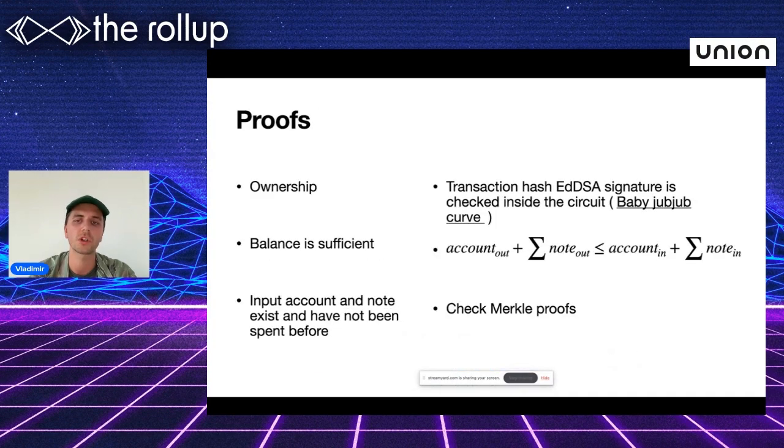If we spend or transfer some funds, we check that the ECDSA signature for the transaction was made correctly, without revealing the public key that the client uses. We check that the balance is sufficient, and we check that the account and the private notes that they're using in the transaction were indeed in the anonymity set.